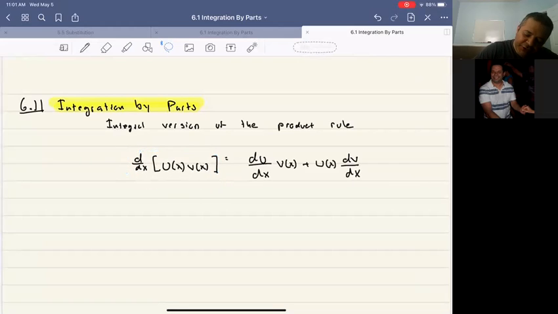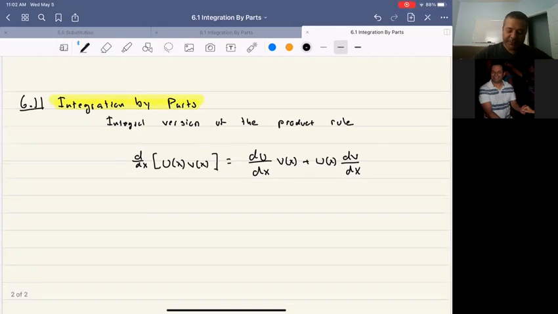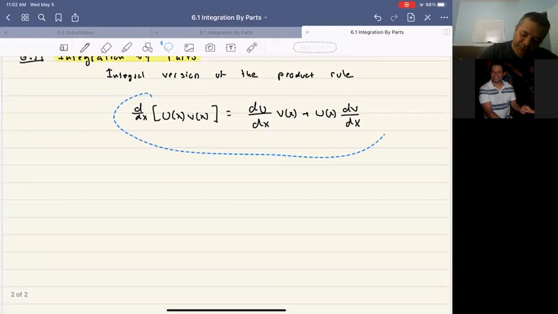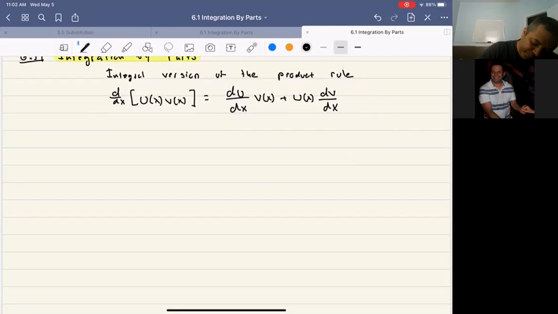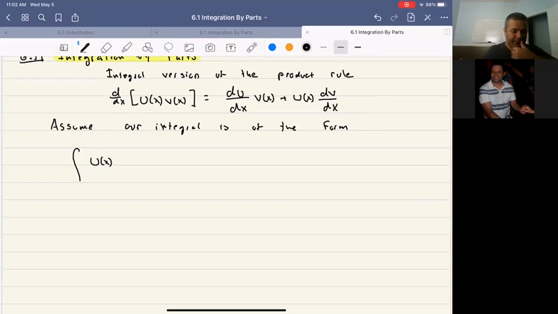So when we're doing our integration by parts, we're going to assume our integral is of the form u of x, v prime of x dx.